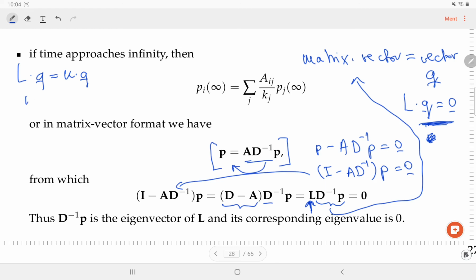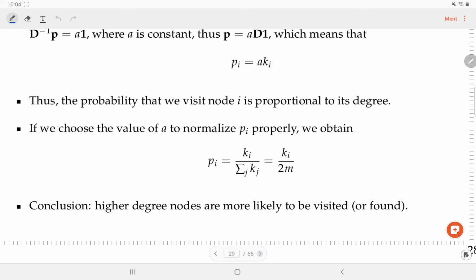If kappa is equal to 0, then we get L times Q equal to the 0 vector, and this is written here and also down here. This is why it's written that D inverse times p is the eigenvector of L, and its corresponding eigenvalue kappa is 0.